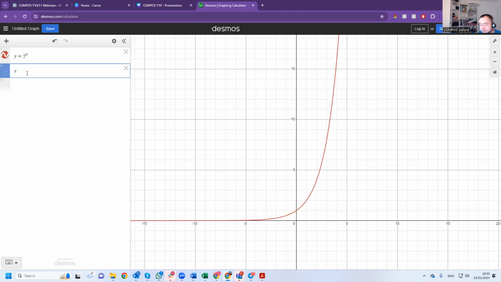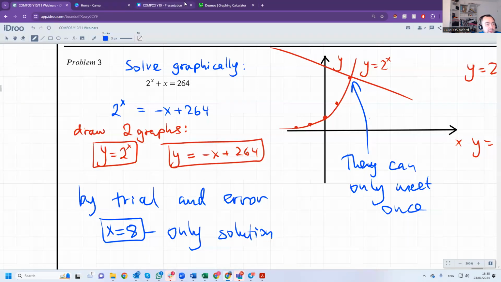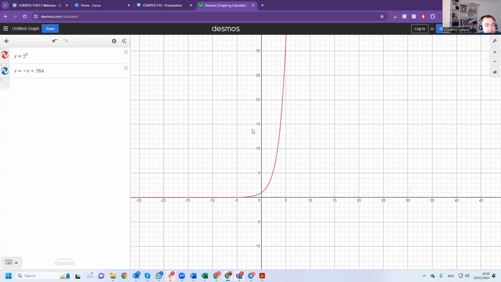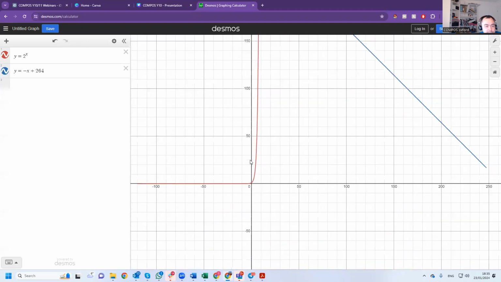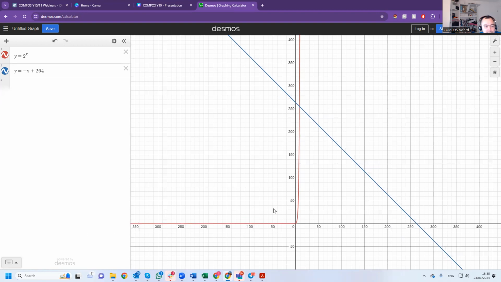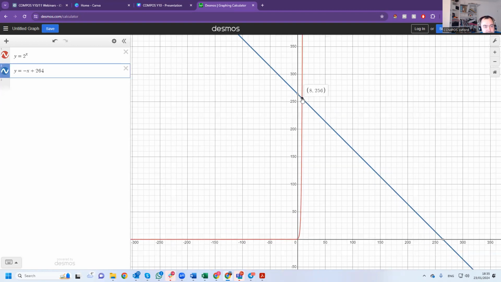And y is equal to minus x plus 264. Is it? 264, yeah, that is it. And we zoom out. And here are the two graphs, one graph and the other one.